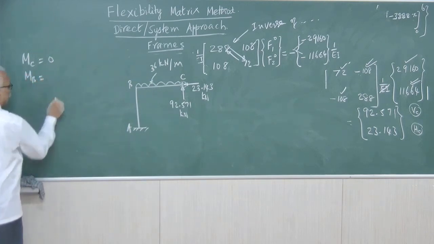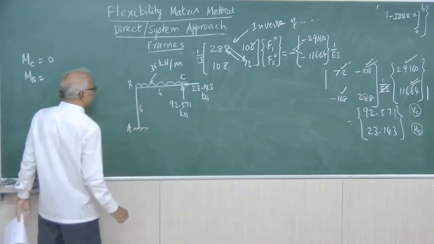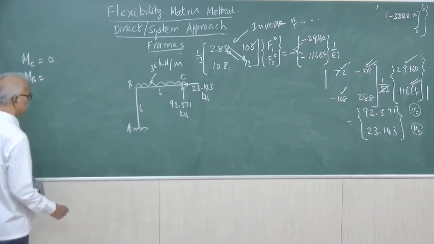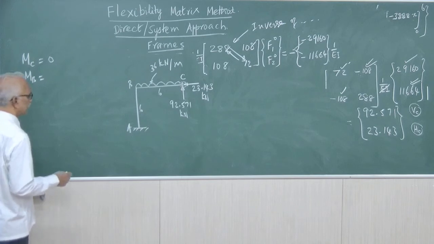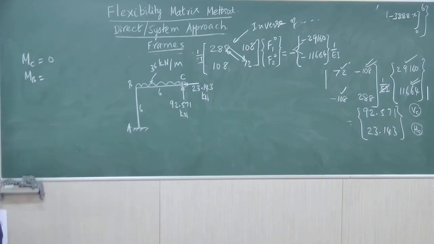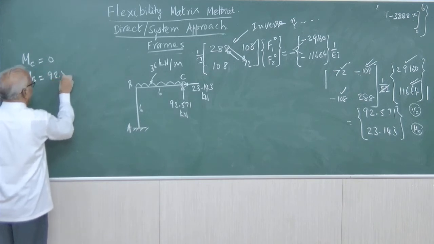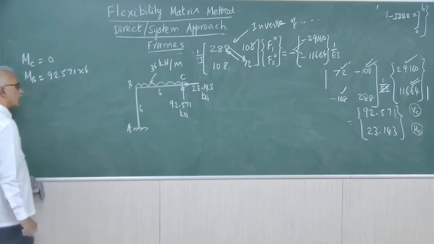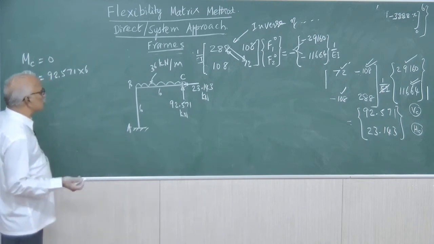MB equal to, this is 6 meters. This is also 6 meters. So 92.571 into 6 is anticlockwise. Anticlockwise is positive. Therefore, 92.571 into 6 meters, anticlockwise, therefore it is positive. Coming to UDL, UDL will cause a clockwise moment.